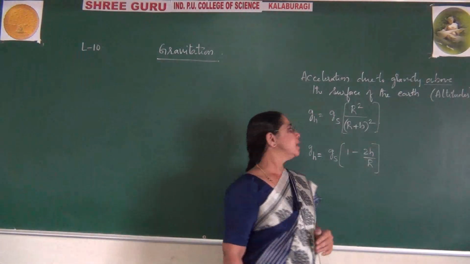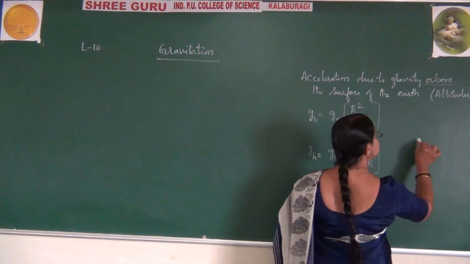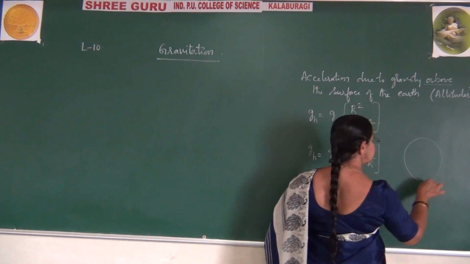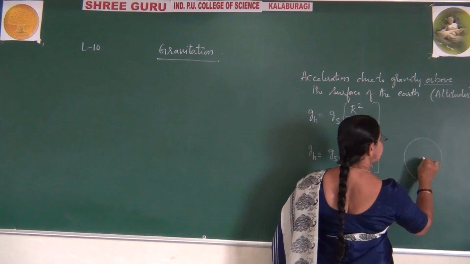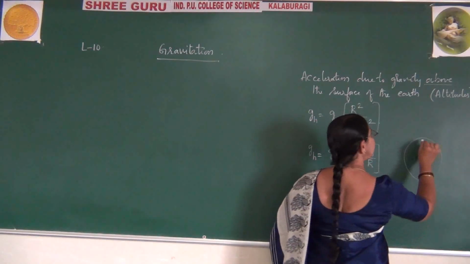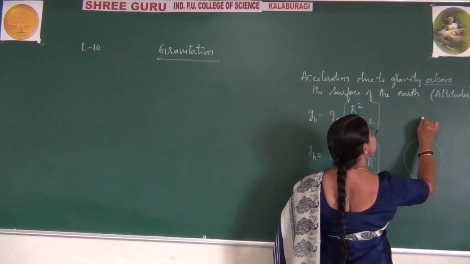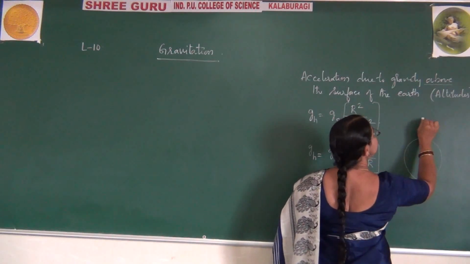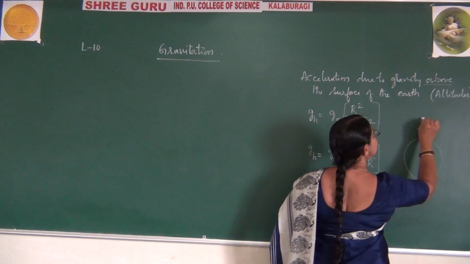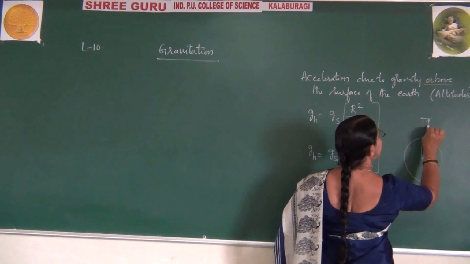For example, if you have taken an earth, this is the earth, and the center is here. From here to here we have the radius. If the object is at some height, maybe at this position, I take this as the height h.